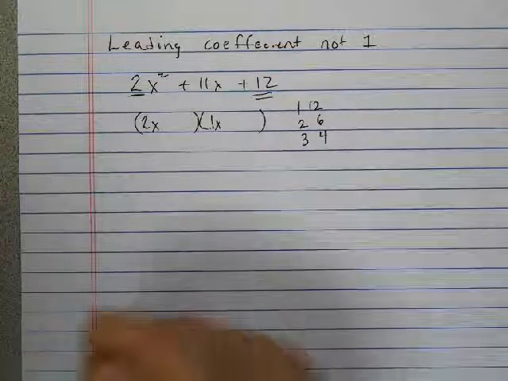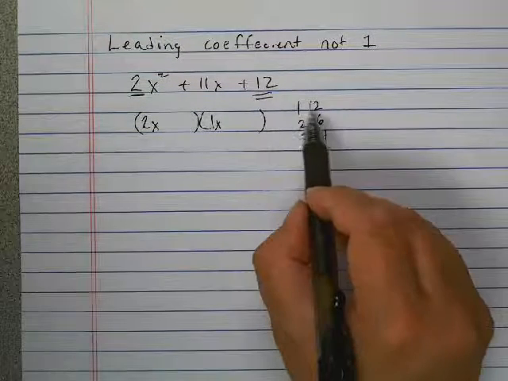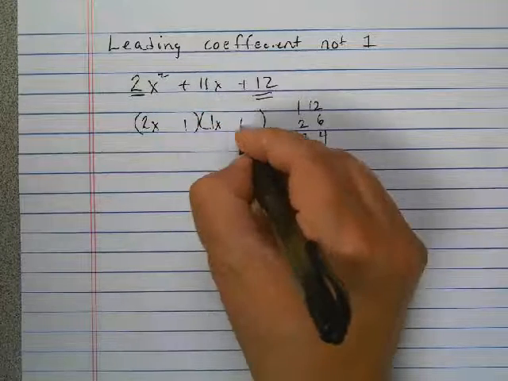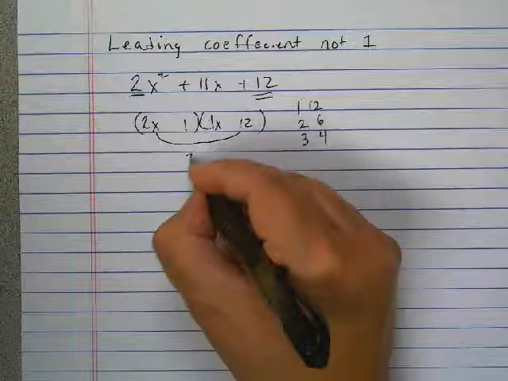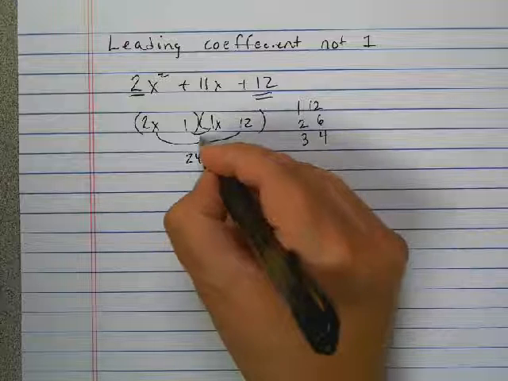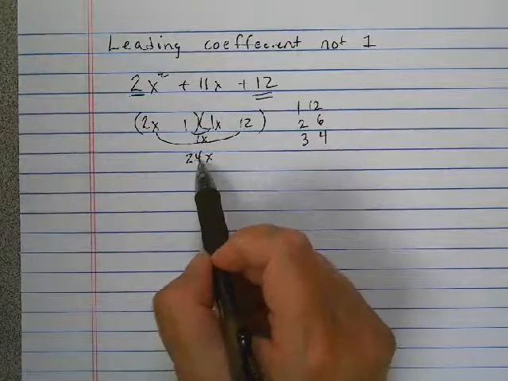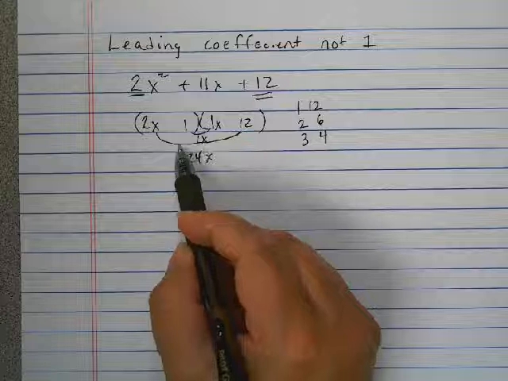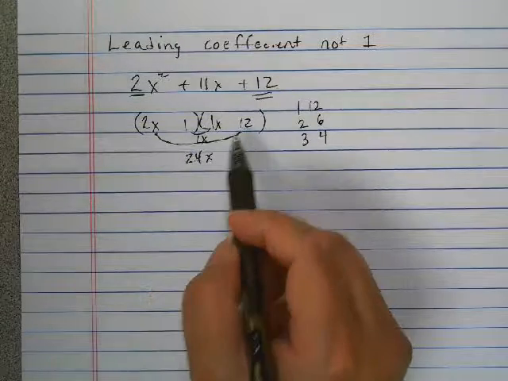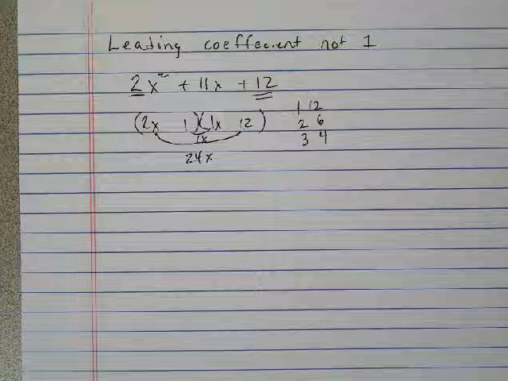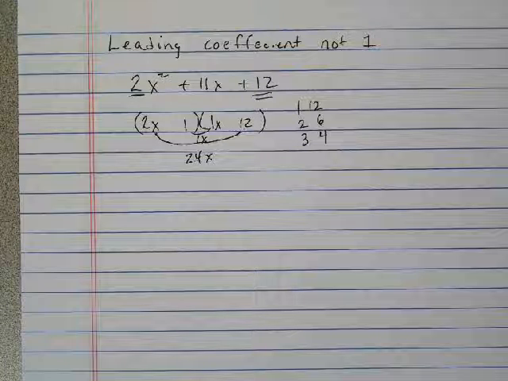But if you'll notice, 1 and 12 would give me 11, but if I put 1 and 12, when I do outside, I get 24x, and inside I get 1x. Notice this is not a 12 anymore, because the 12 I had to take times the 2. So this is where we almost have to do a little bit of trial and error.